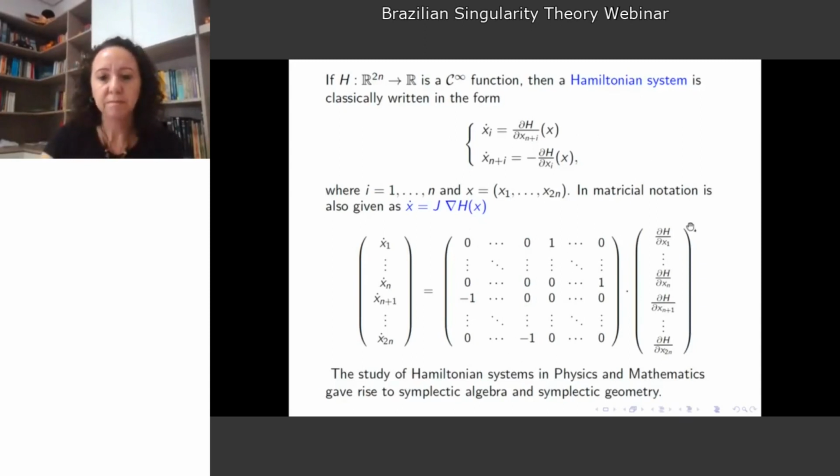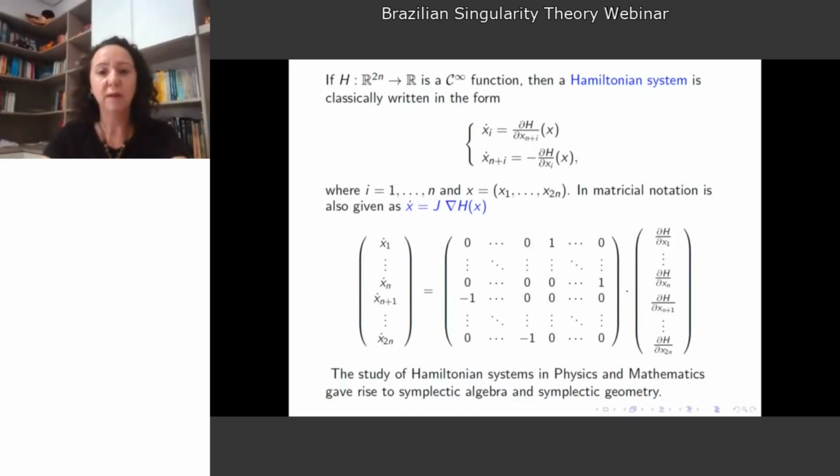The study of this kind of system made it possible to develop other interests of mathematicians, like the development of symplectic algebra and symplectic geometry.